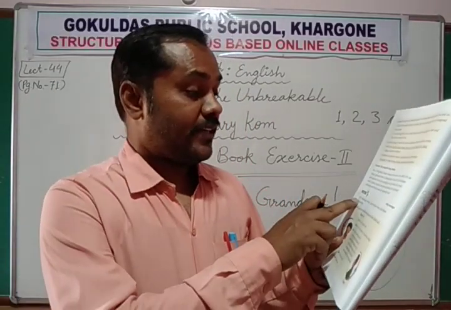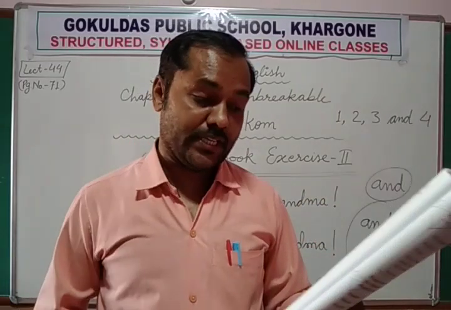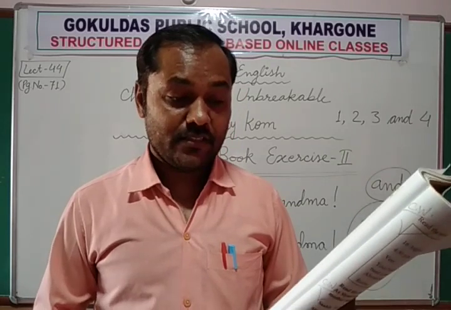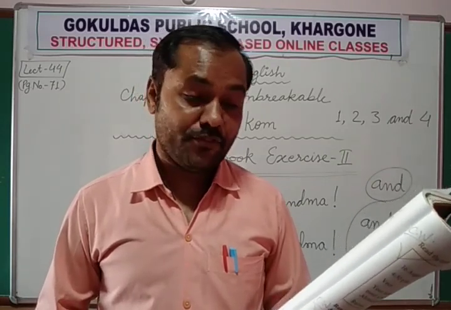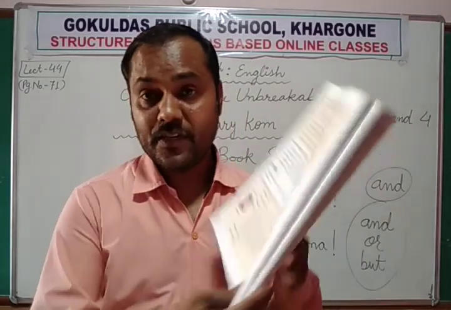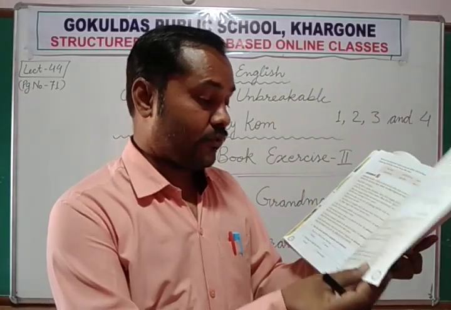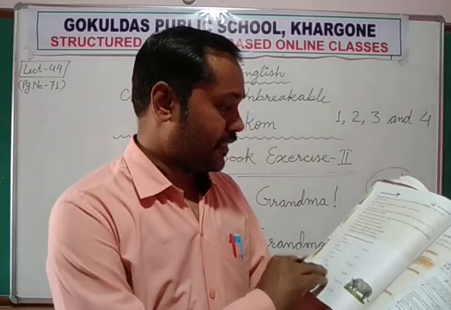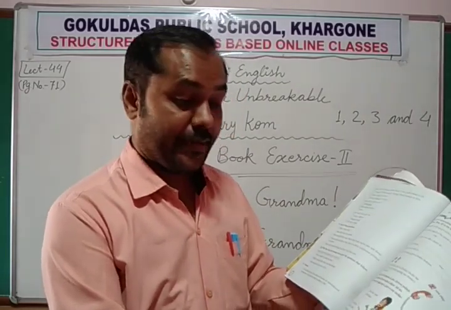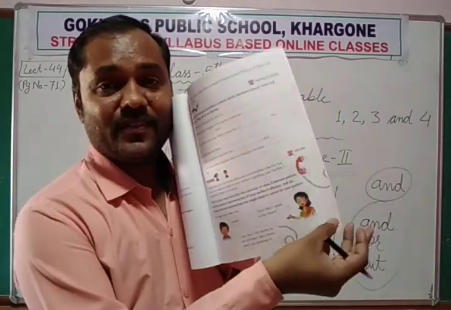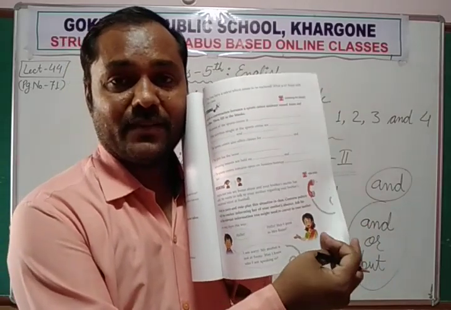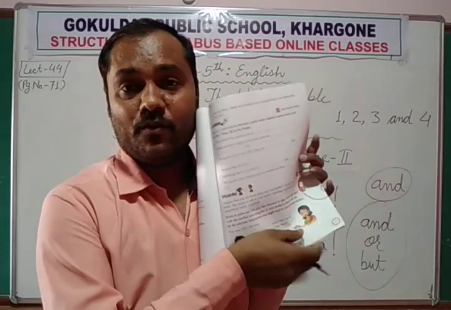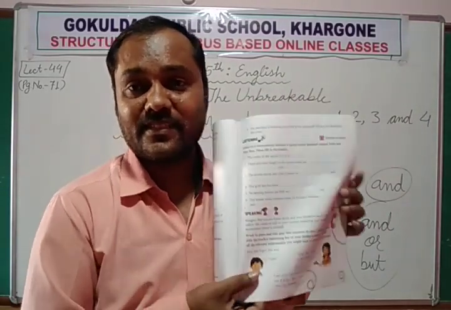Writing. In the speaking section, you learned the etiquette of having a polite telephone conversation. If you turn back to page number 67 in the same chapter, you will find that we had already done one speaking exercise.